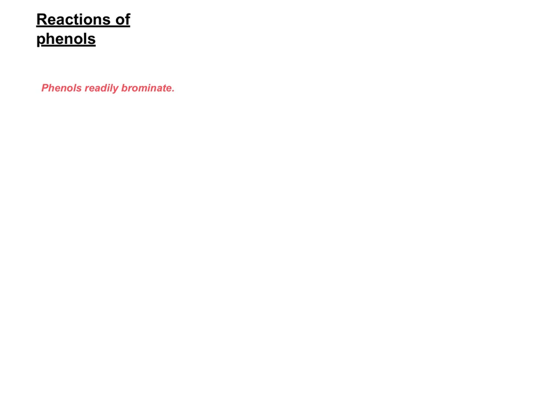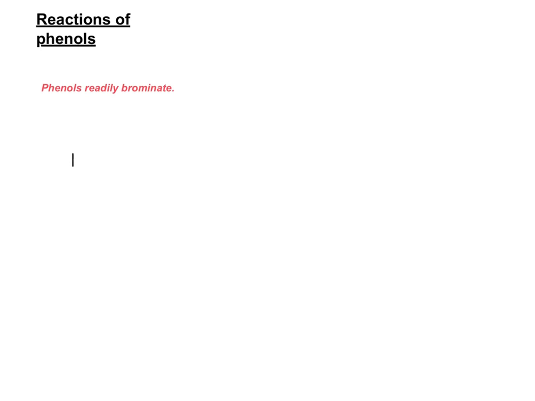So the main reaction that you look at A level is to compare the bromination of benzene as opposed to the bromination of phenol. You may or may not have had a look at the bromination of benzene at this point, but let's have a look at the bromination of phenol.